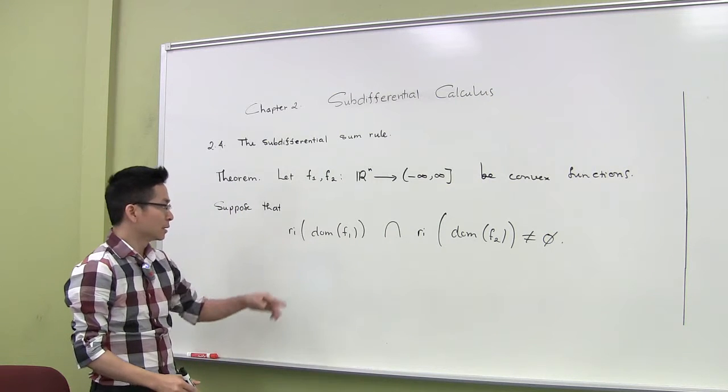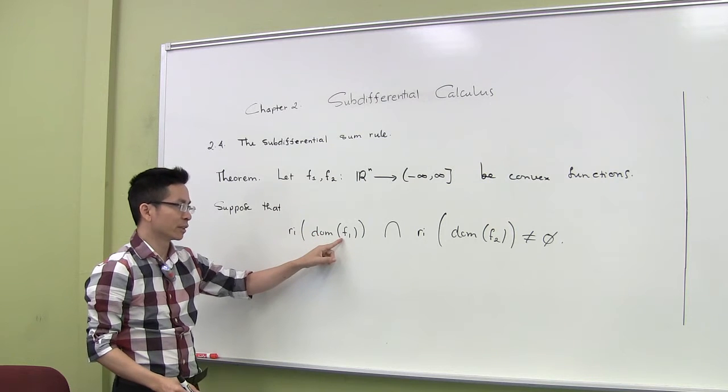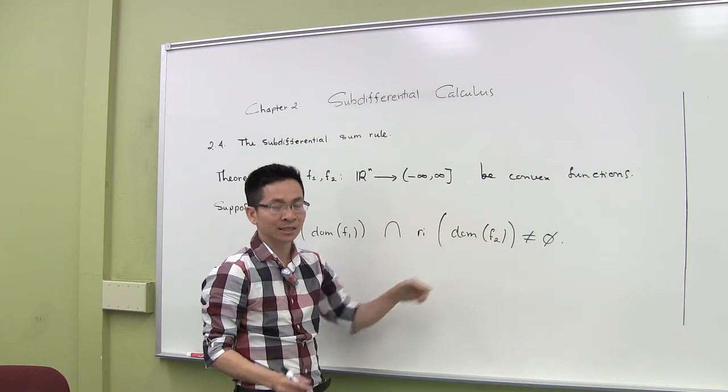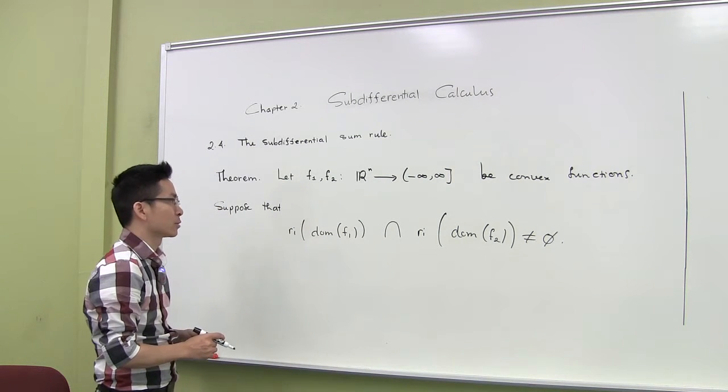Roughly speaking, this condition means that the domain of the first function intersects the domain of the second function significantly. Then we obtain the subdifferential sum rule.